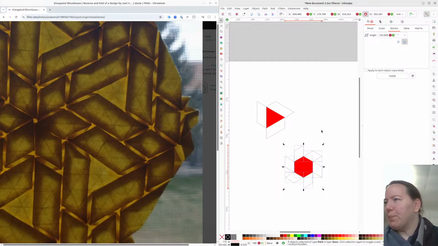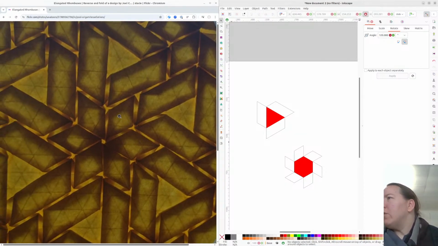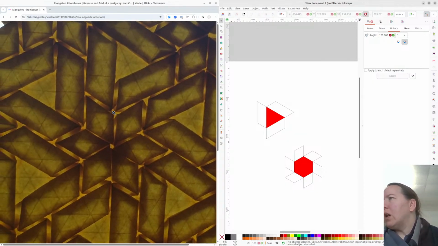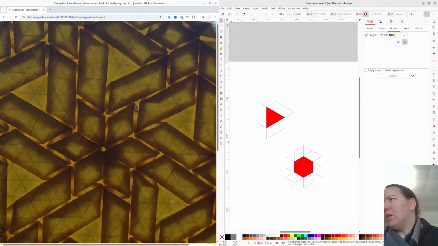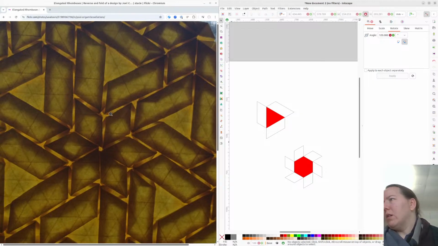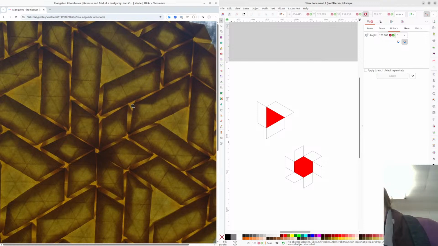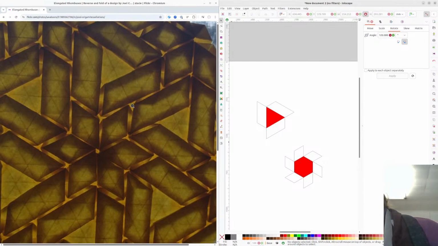One of the two. And then we've got these two unidentified shapes that are helping things come together.